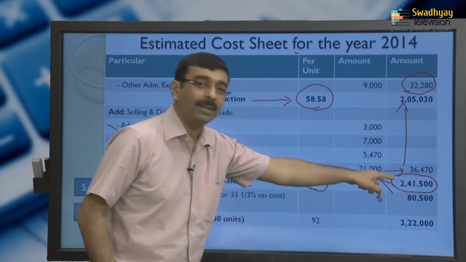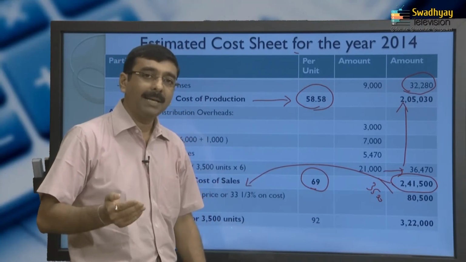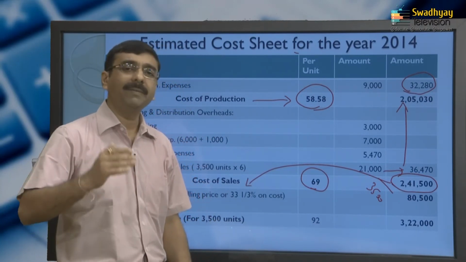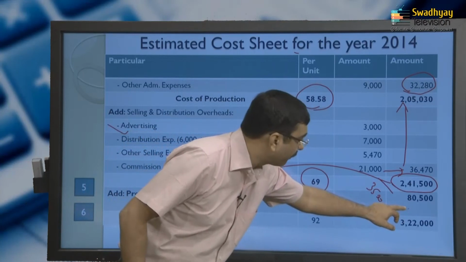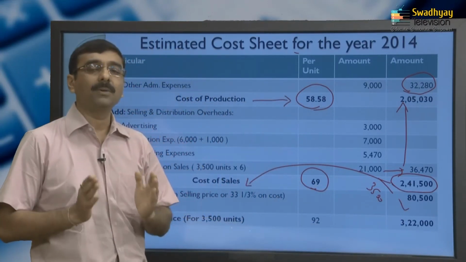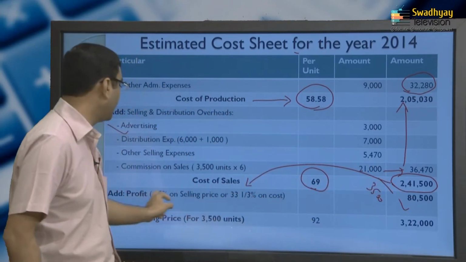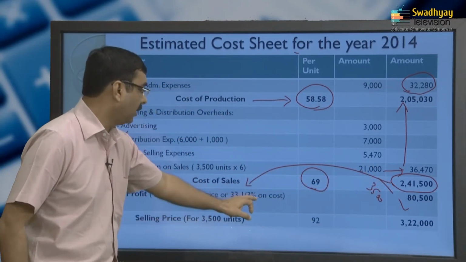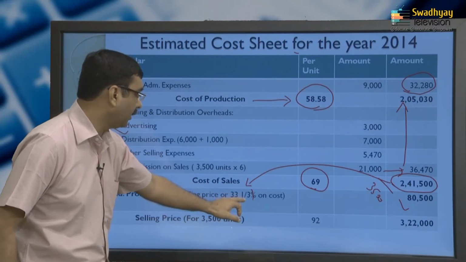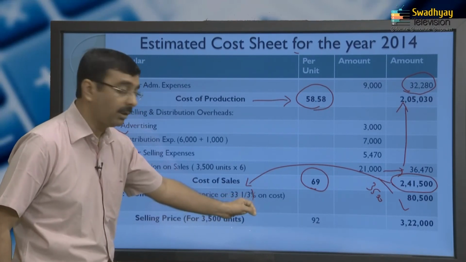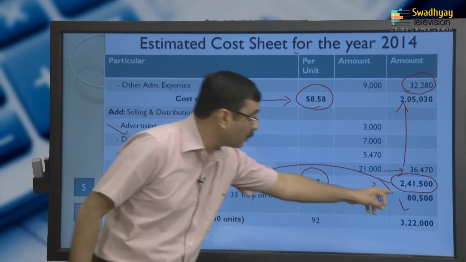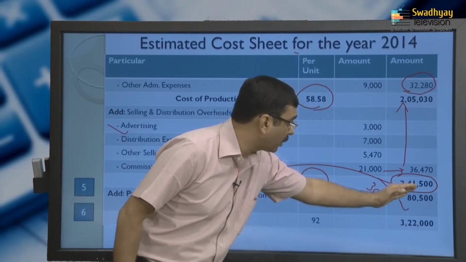So 2,41,500 multiplied by 33.33% or divided by 3 is your profit, and the profit comes to 80,500 rupees. Profit will be added into the cost price, as we already mentioned here, 1/3 part, or you can say 33 1/3% on cost, which comes to 80,500, added into the cost price.